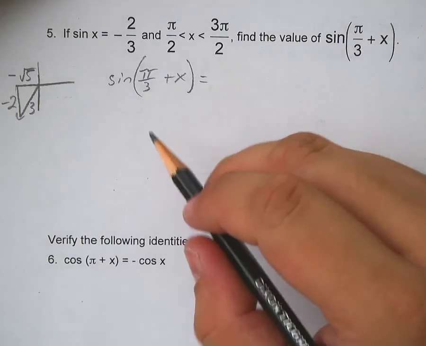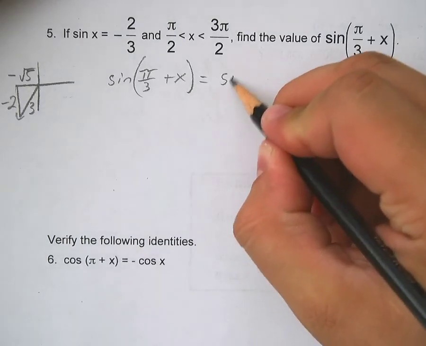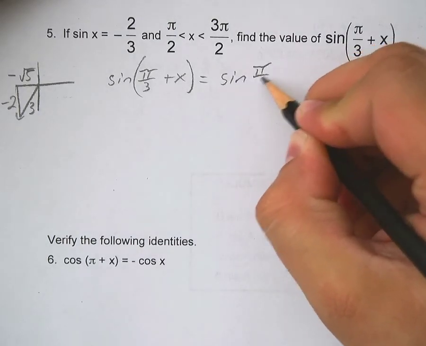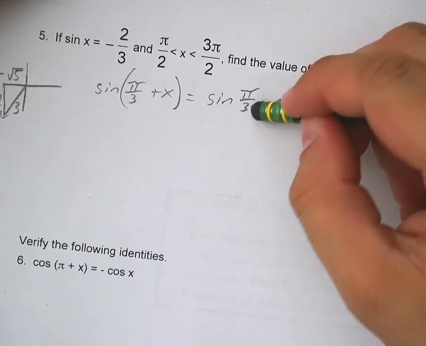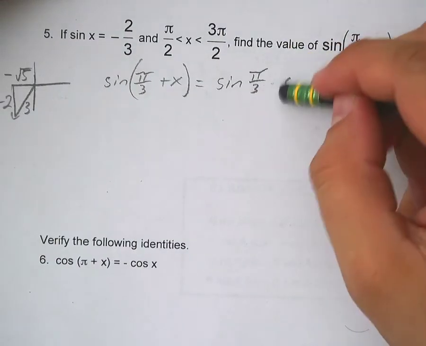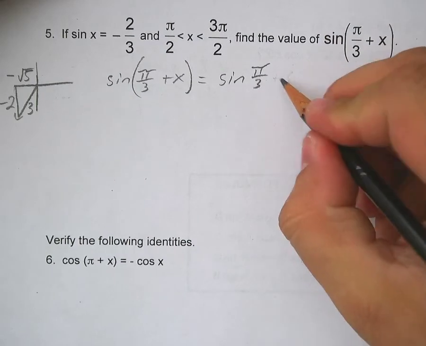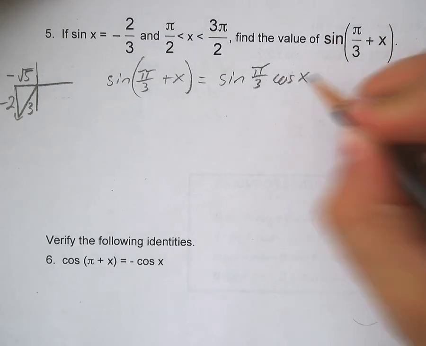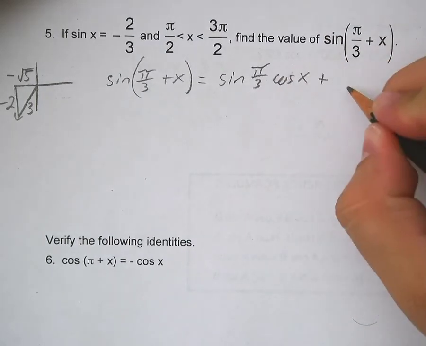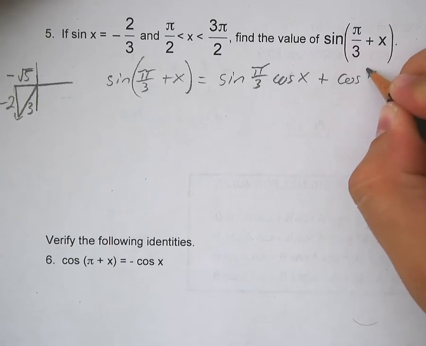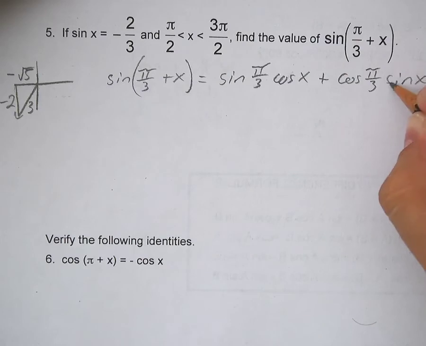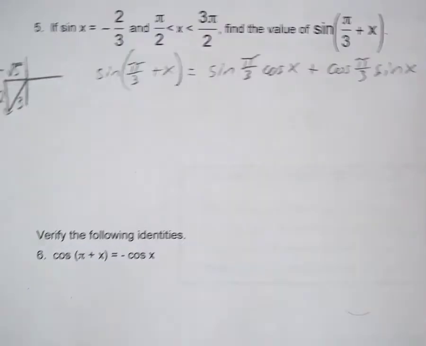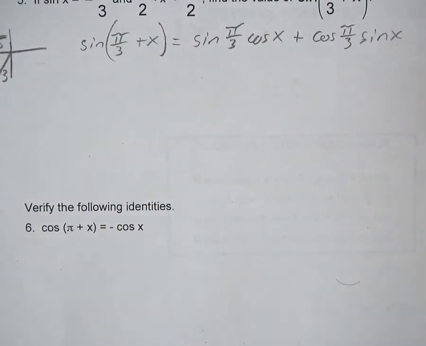It's sine of pi over 3 times cosine of x plus the cosine of pi over 3 sine of x.